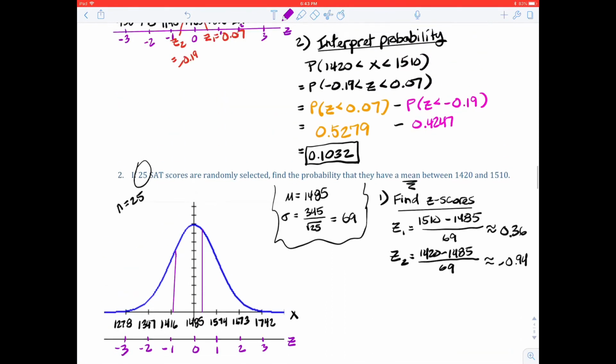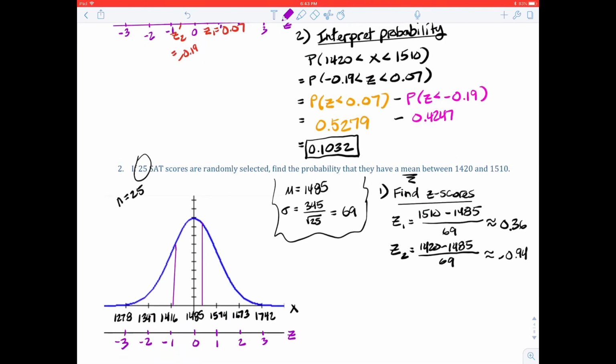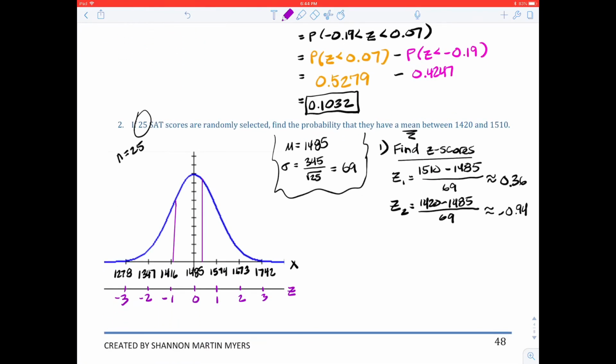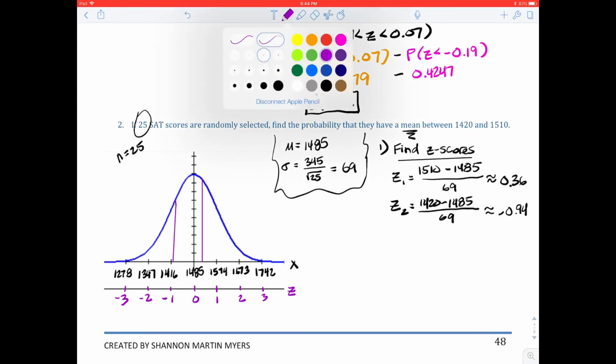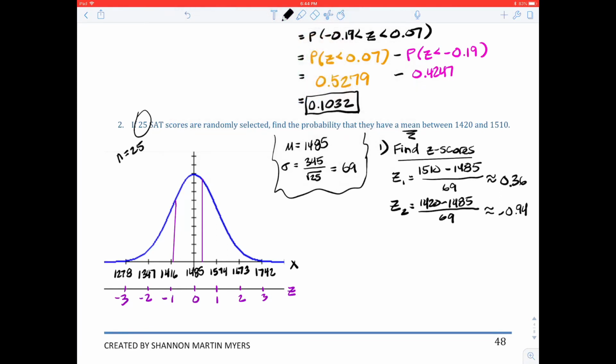All right, so if you take a look at the difference, do you see that's a much larger area, is it not? So now it's still this similar deal with interpreting the probability, right? But what will happen is we'll get a larger probability.